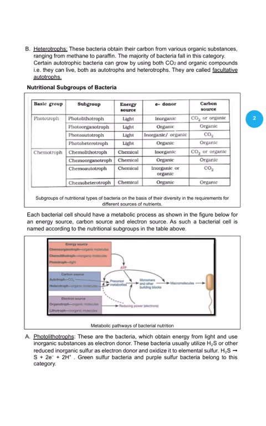So this type of autotrophs, we call them facultative autotrophs, because they can utilize both carbon dioxide and organic compounds as source of carbon.